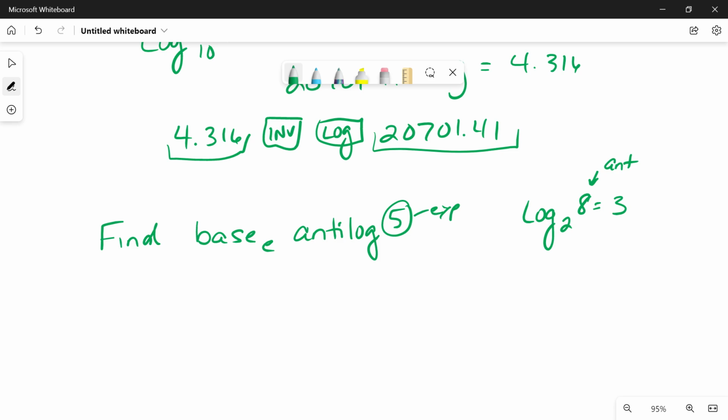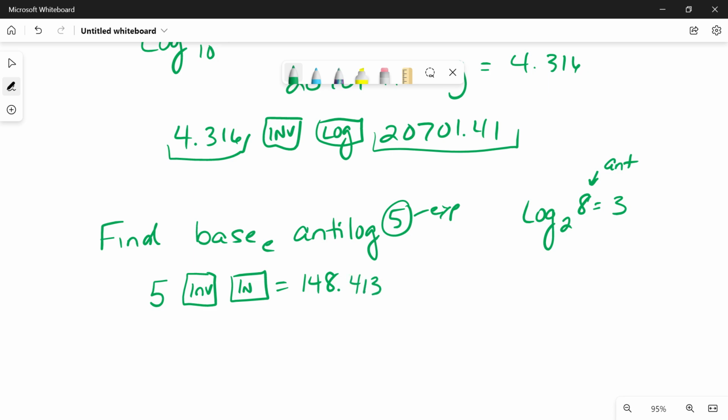So now I'm going to key in the 5. I'm going to do the inverse of the natural log, those two buttons, and when you hit the equal sign, you're going to get 148.413.